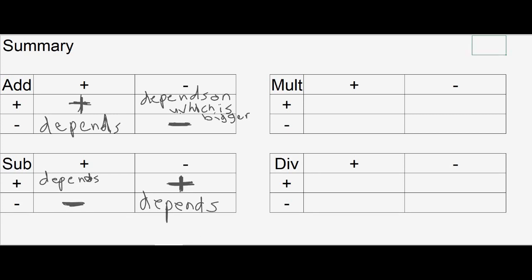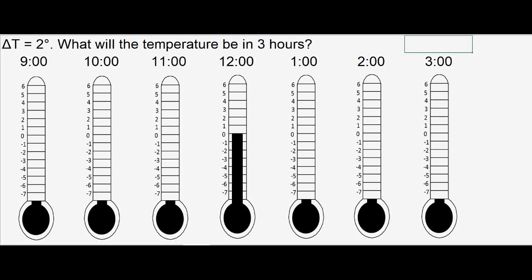I want to talk real quickly about multiplication. In this case, we're going to have a change in temperature of 2 degrees, and we're asking the question, what will the temperature be in 3 hours? So we're going to add 3 2's together.